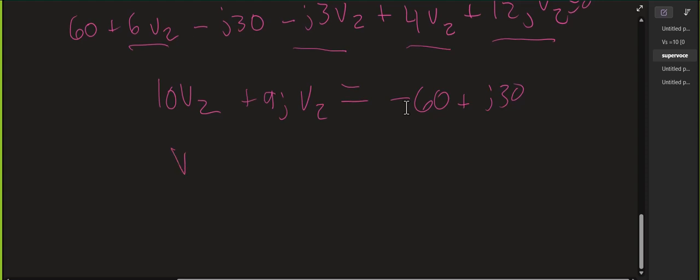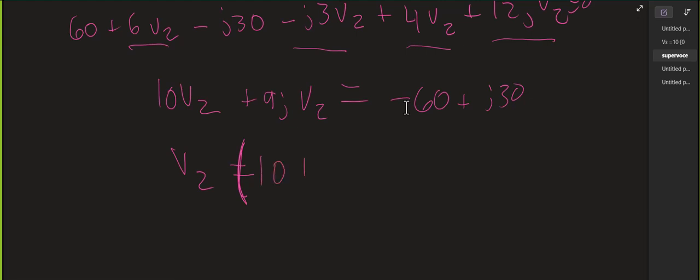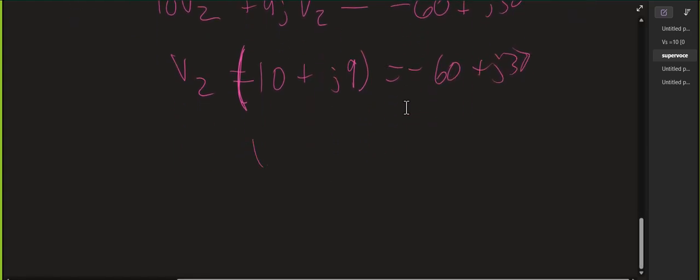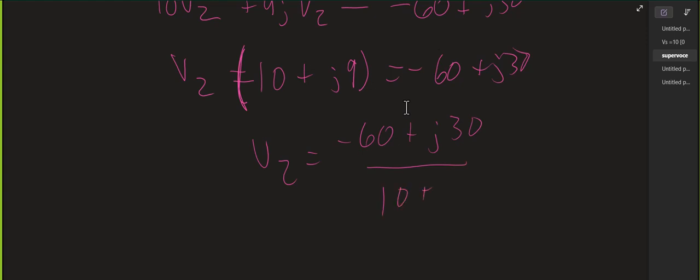Then I factor out a V2 and I get V2 times 10 plus j9 equals minus 60 plus j30. So V2 equals minus 60 plus j30 over 10 plus j9.